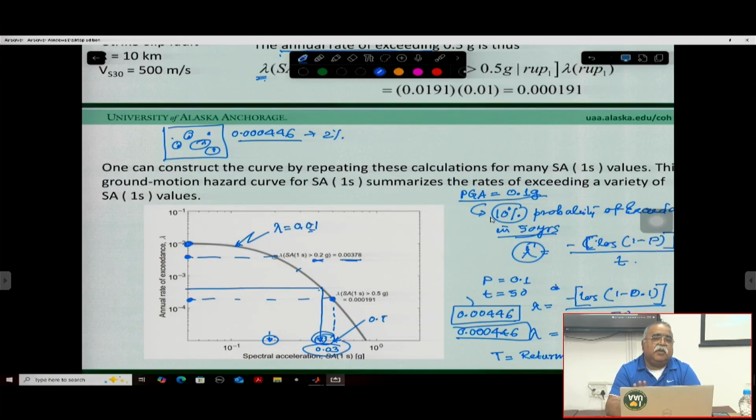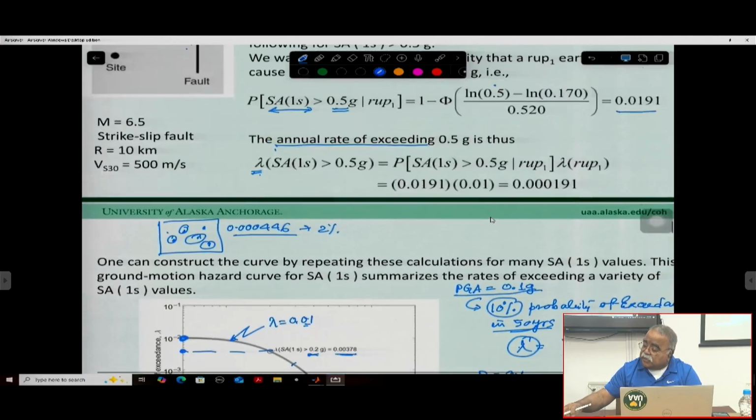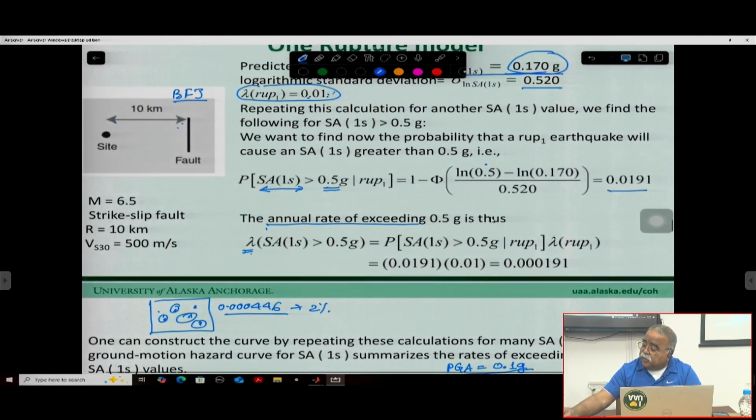We are just giving one exceedance rate, but whatever the different sites, the acceleration value is what we are calculating, right? So here we are calculating for a 0.05 z, what is this number? That is what we are calculating, okay?